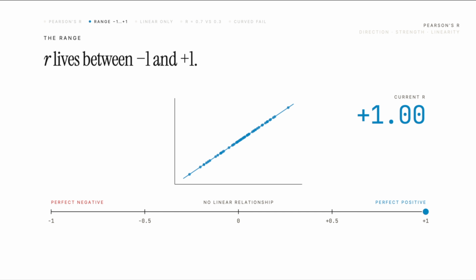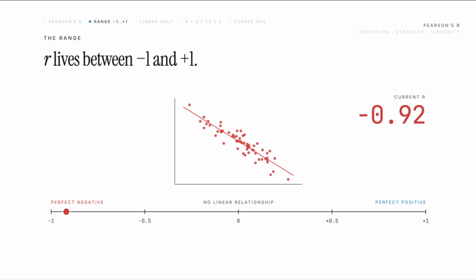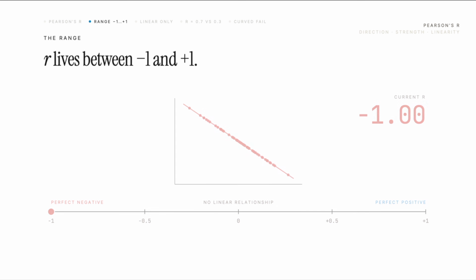A value of +1 means a perfect, positive, linear relationship. If you plot the two variables on a scatterplot, every single data point falls exactly on an upward sloping line. A value of -1 means a perfect negative linear relationship. Every point falls exactly on a downward sloping line.